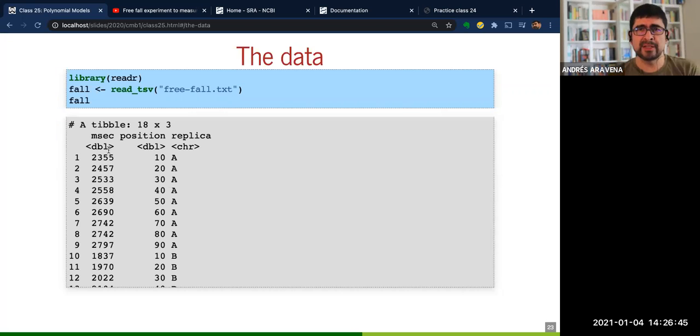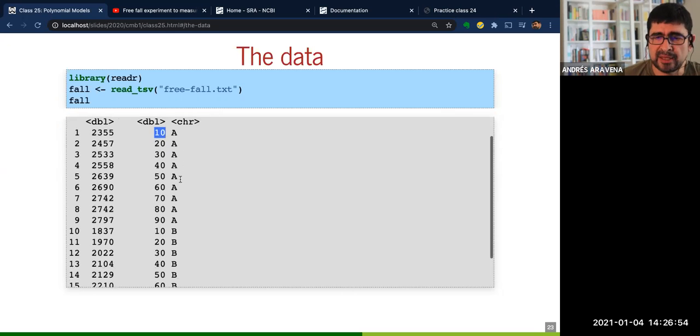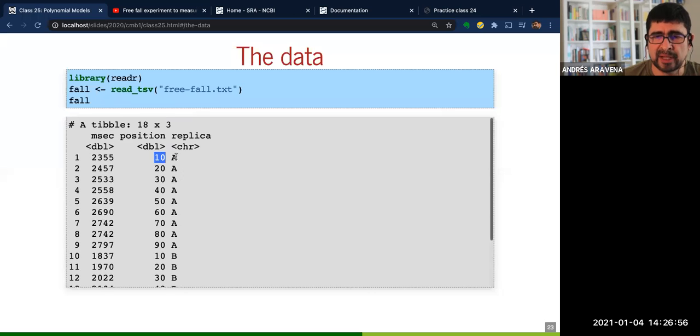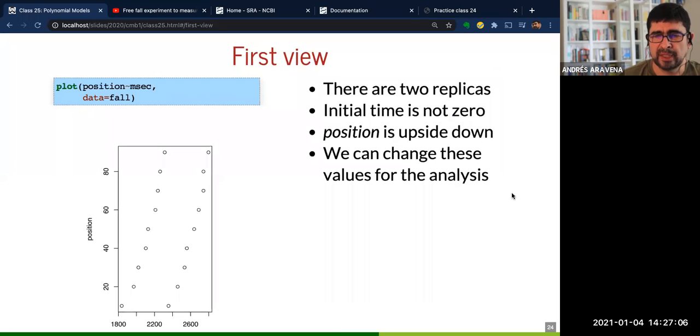I took the number here, and this was the position when it crossed the line 10. I had two replicas that I call A and B, like the replicas that you did. But to make it easy for today, the result is this.